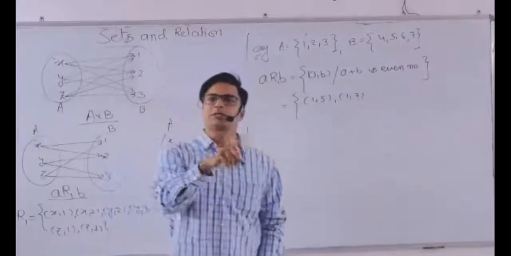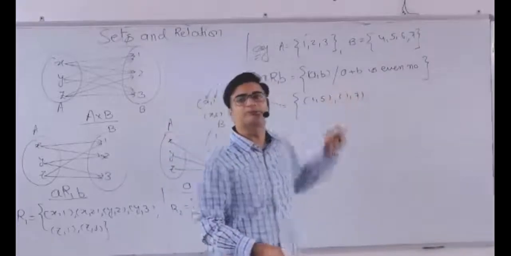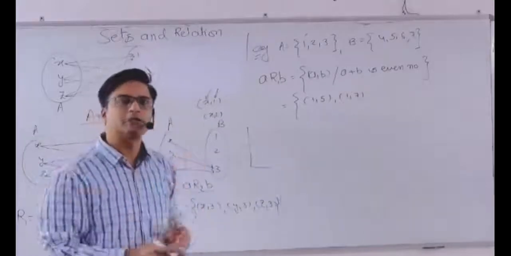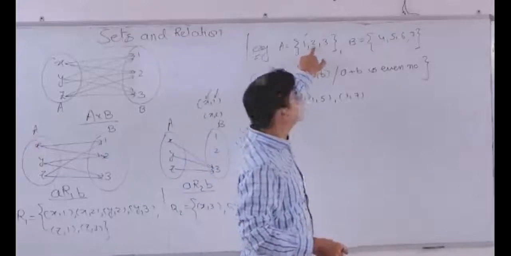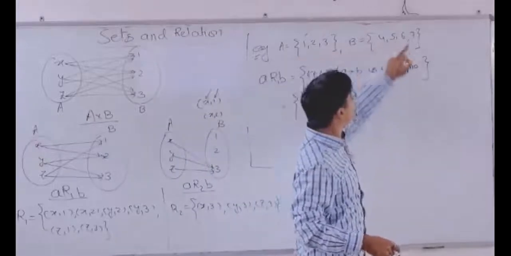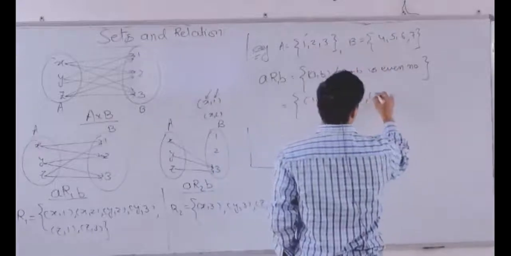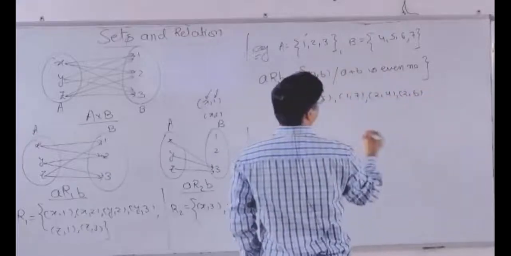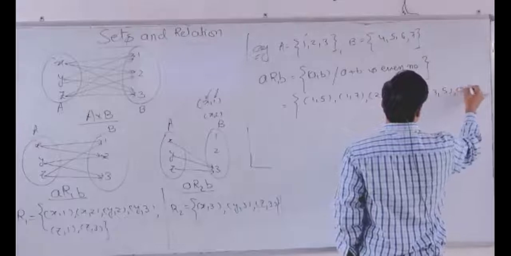That means 1 is connected to 5 under the relation that a + b is even. 1 is connected to 7 also, because 1 + 7 is even. So that relation we have defined. Similarly, if I choose 2, then I cannot choose 5 or 7. I will choose 4 and 6. So (2, 4), (2, 6). Similarly, (3, 5) and (3, 7).